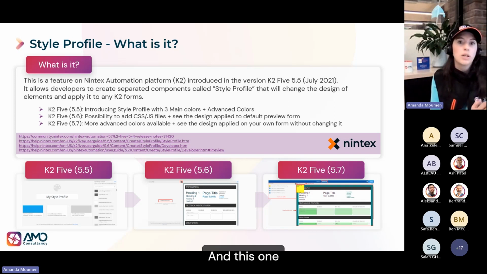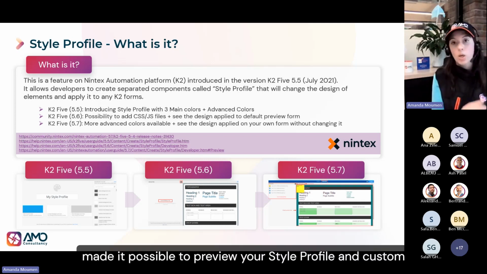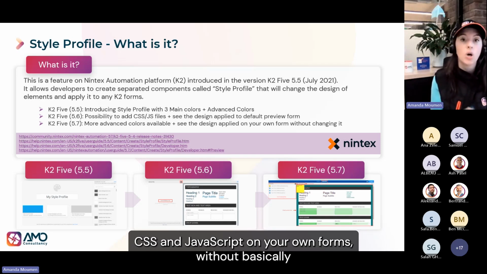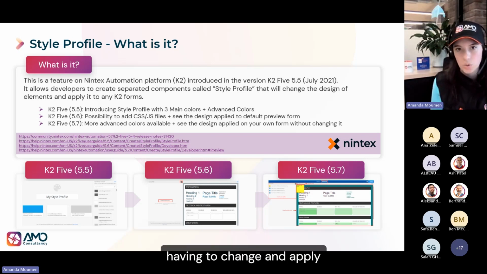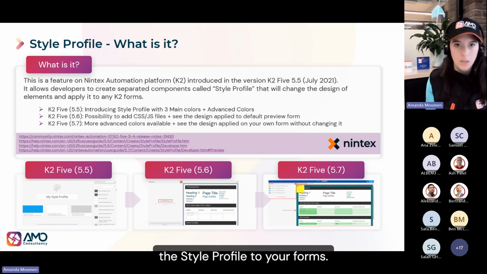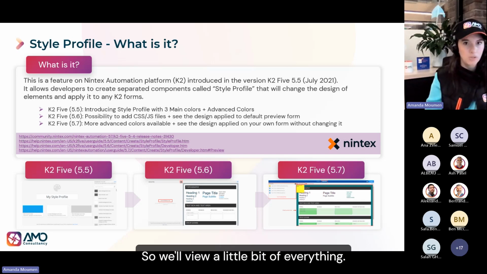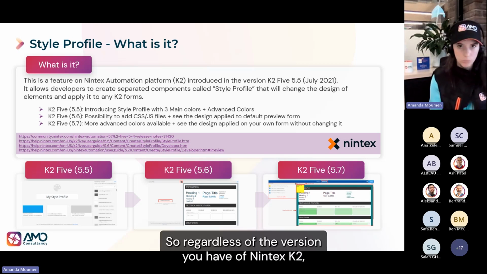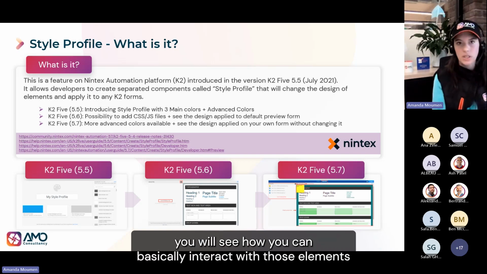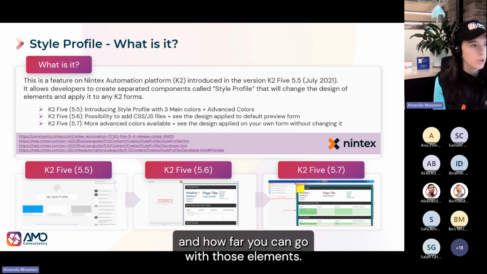This one made it possible to preview your style profile and custom CSS and JavaScript on your own forms without having to change and apply the style profile to your forms. So we'll view a little bit of everything. Regardless of the version you have of Nintex K2, you will see how you can interact with those elements and how far you can go with those elements.